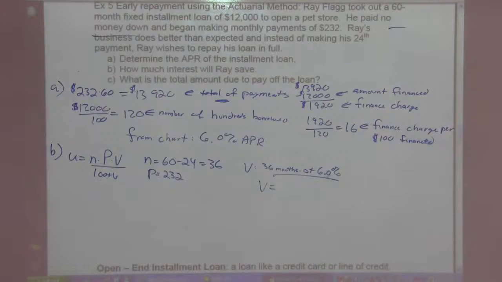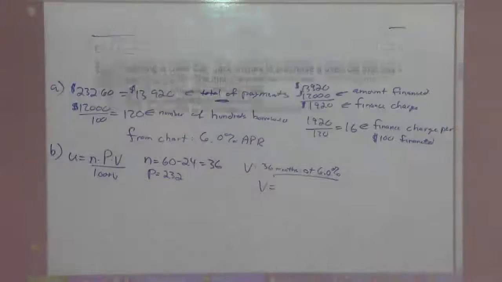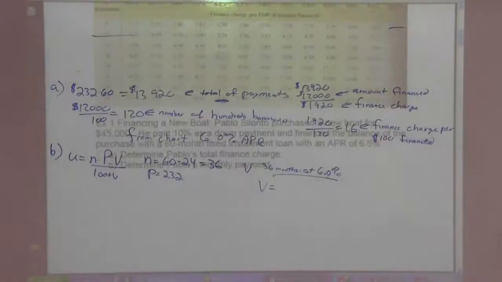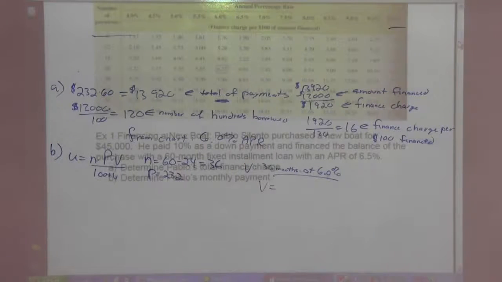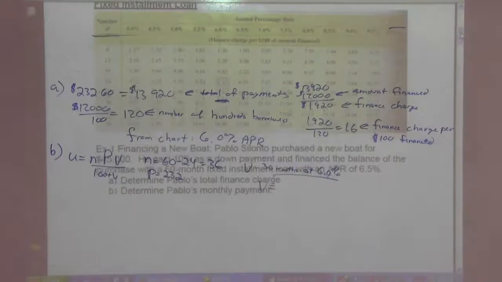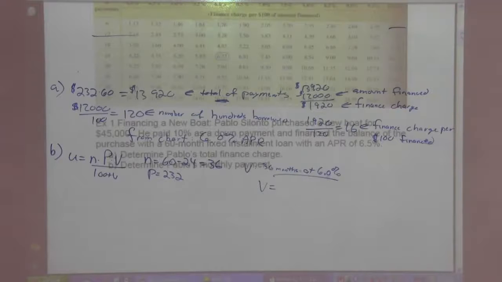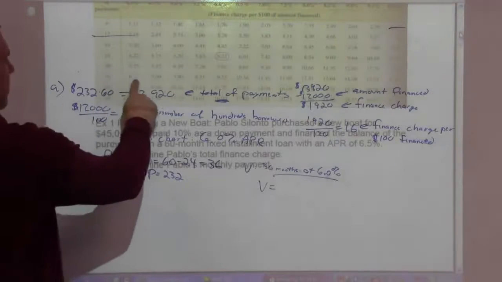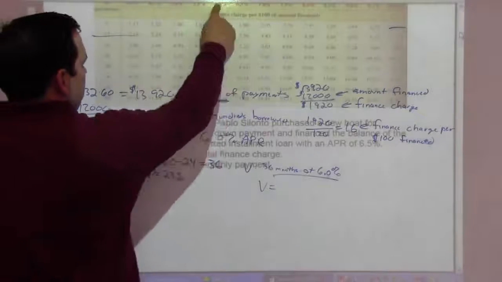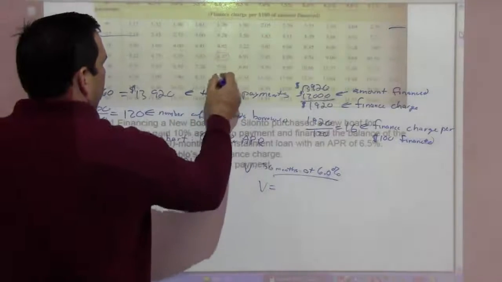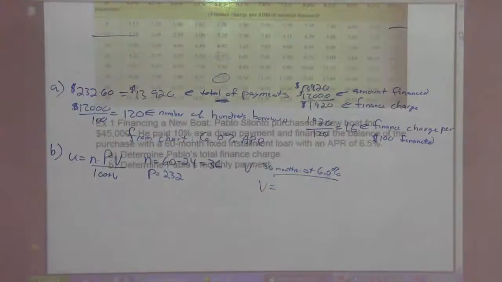You go back up to the chart. It's not 60 months anymore, it's 36 months. That was a mistake on my part. It was 36 months that are left now at 6%, so it's 9.52. That's the number I should have gone with.